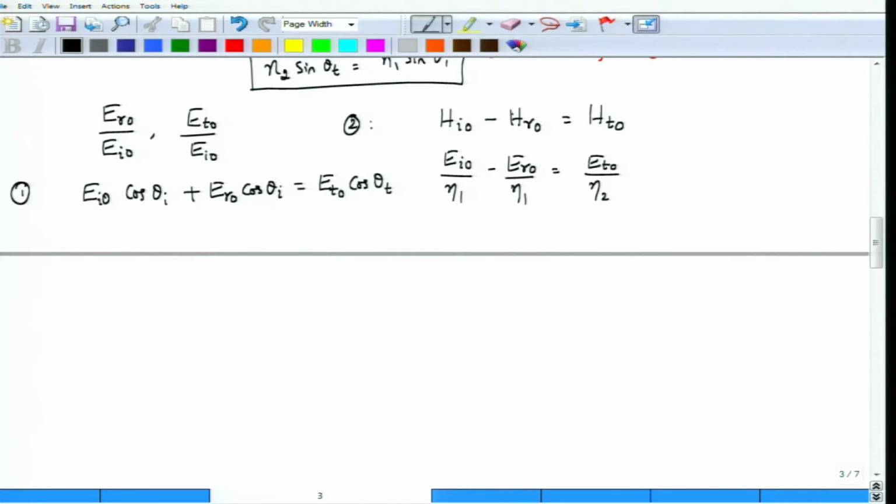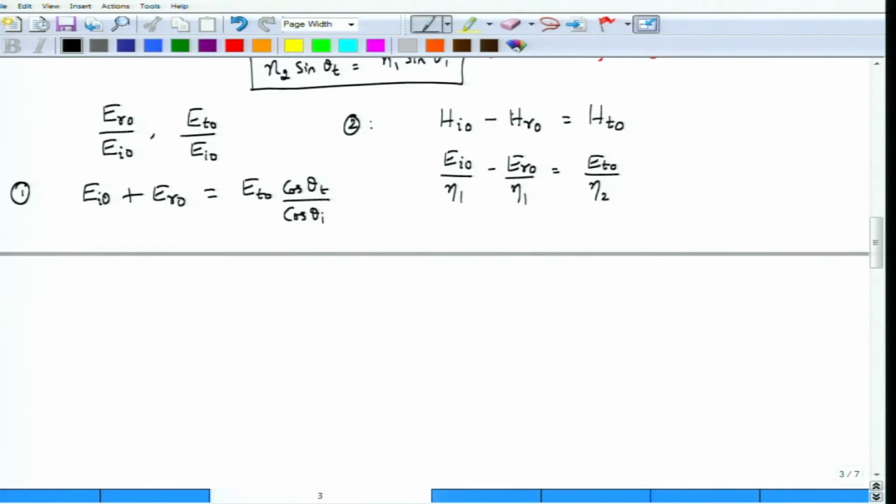I can push this cos theta I onto the other side, because that's a simplification I can make, and thereby reduce this equation to Ei0 plus Er0 equals Et0 cos theta t divided by cos theta I, right.